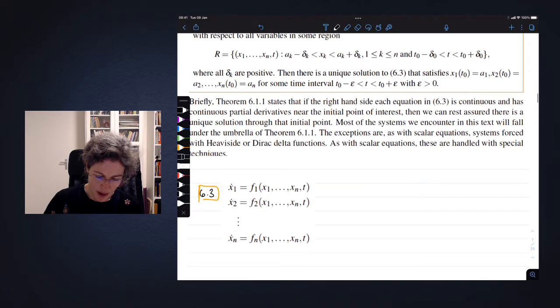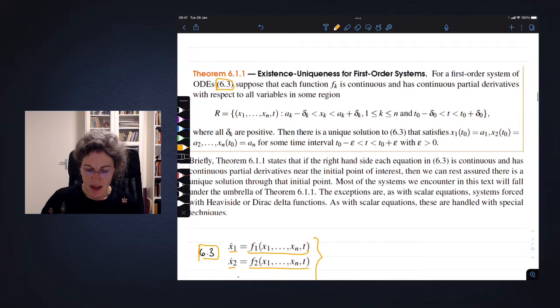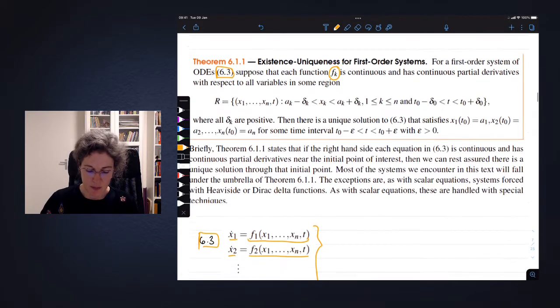So if we have a system of DEs like the ones we've just seen, so dx1 by dt equals some stuff, dx2 by dt equals some stuff, and so on. If each of the right-hand sides, so the fk, is continuous and has continuous partial derivatives with respect to all variables in some region, then we can find a unique solution to the system.